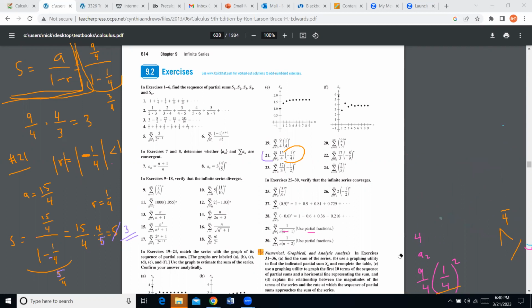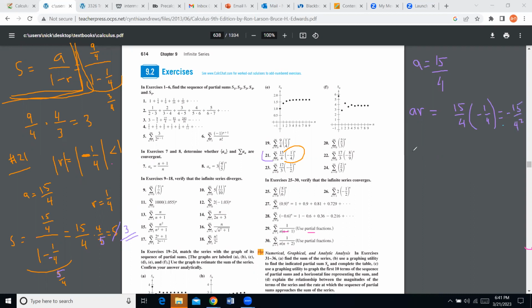And then again positive, and then negative, and so on. So we have 15/4, and A times R, the second term, will be 15 quarters times negative 1/4, which is minus 15 over 4 squared.